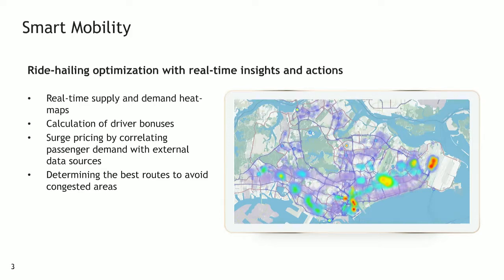And as you can see, some of you with keen eyes can probably identify Singapore here, and the huge hotspot at the right side of the map is next to the airport of Singapore. One would say that that's sort of predictable, but as you can see, what we've overlaid is the demand for rides versus the availability of drivers, and this allows the drivers to determine where would be the best place to park and wait for rides.